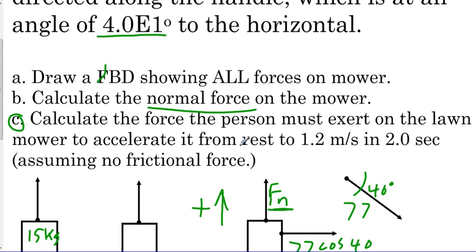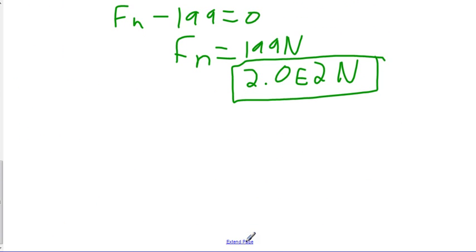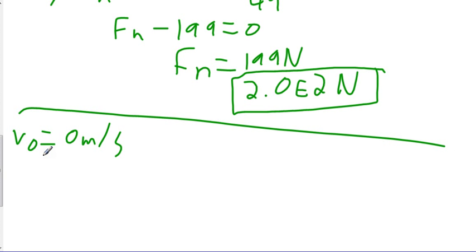Now for part C, calculate the force the person must exert on the lawnmower to accelerate it from rest to 1.2 meters per second in 2 seconds, assuming no frictional force. And so we start listing out our variables. We know that our initial velocity is 0 meters per second. We know that our final velocity, that is told to us, is 1.2 meters per second.